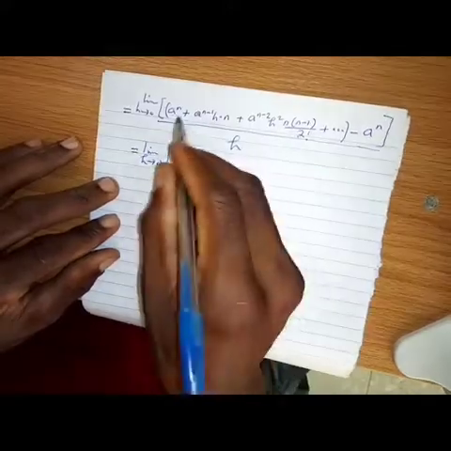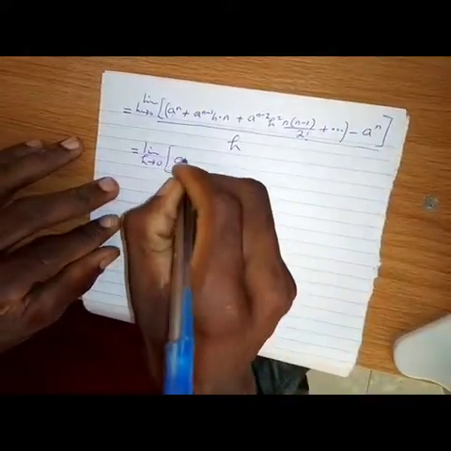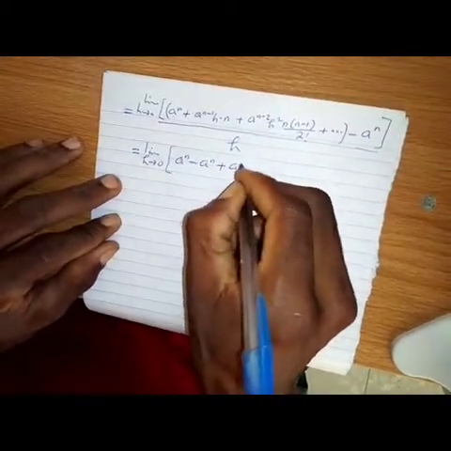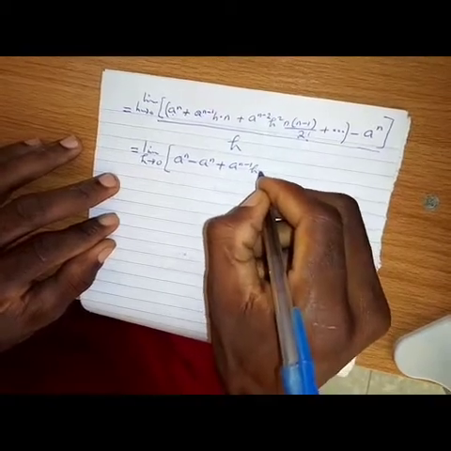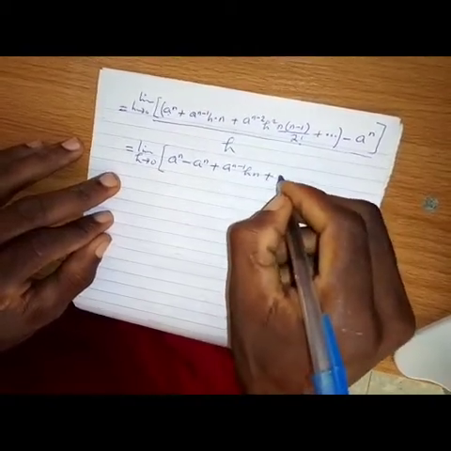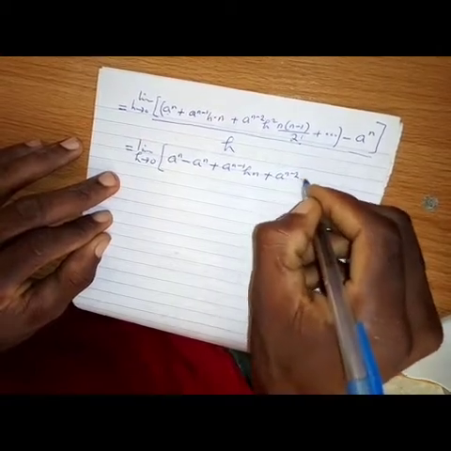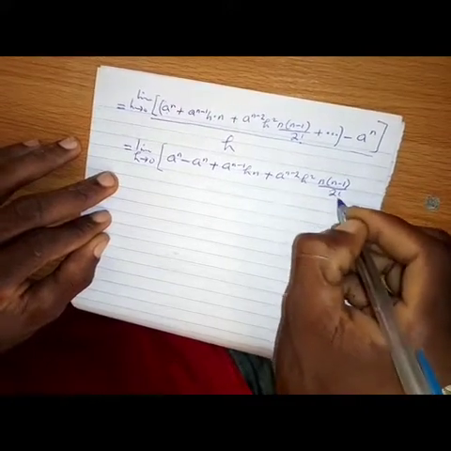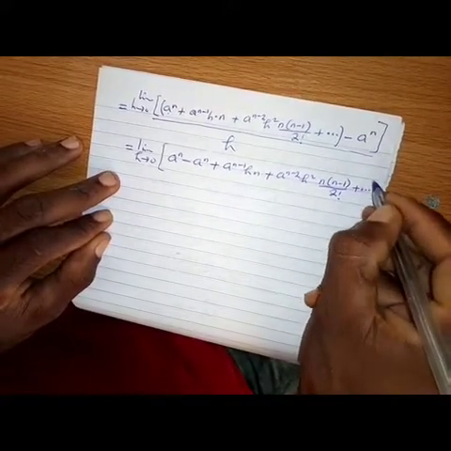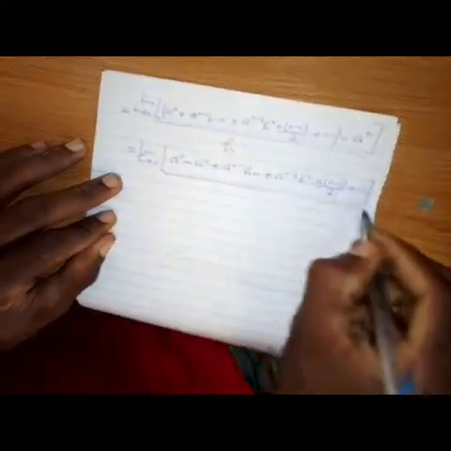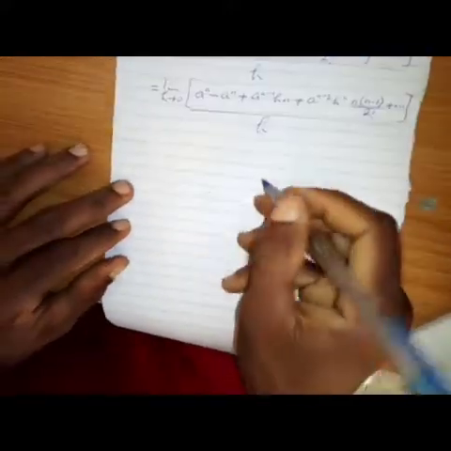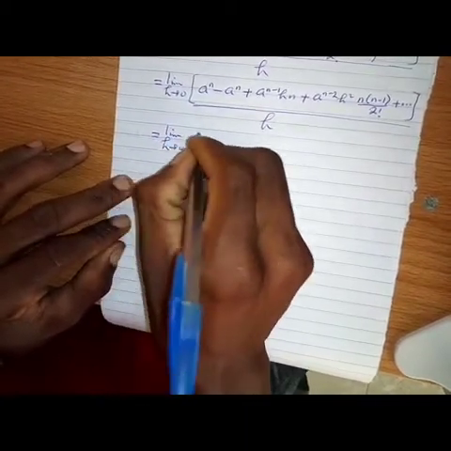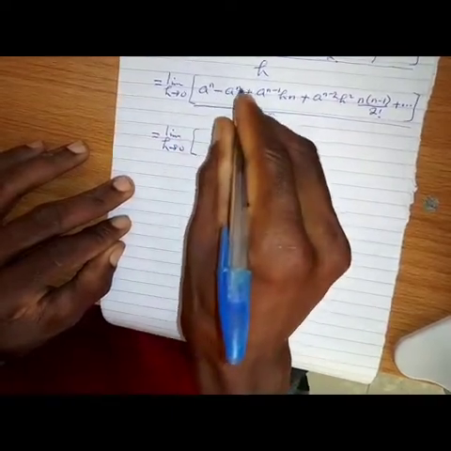Now a to the power of n minus a to the power of n is 0.